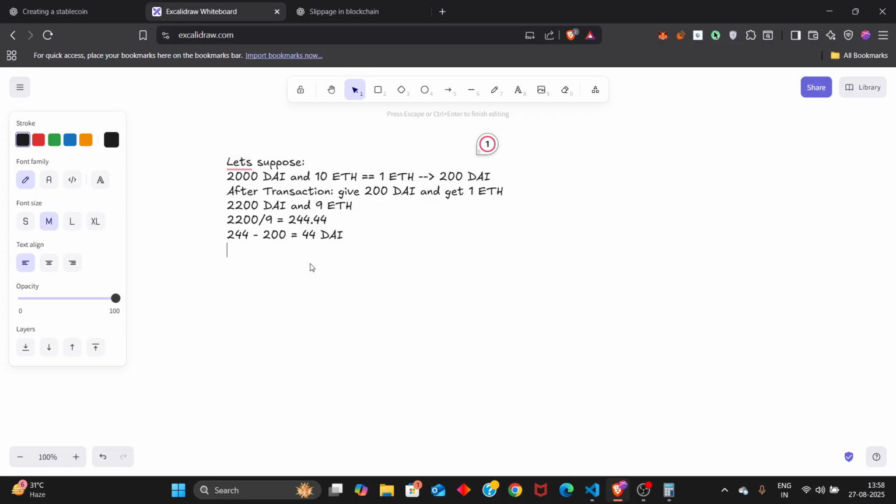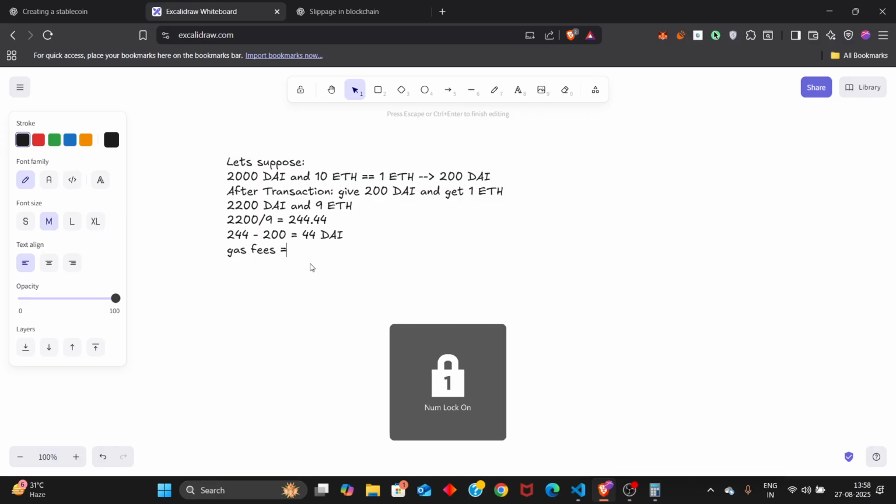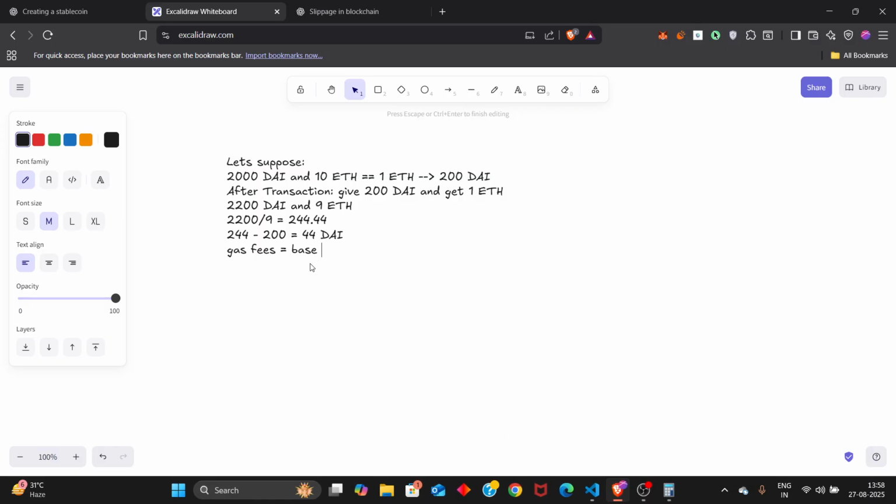AMMs or DeFi protocols work on a concept called the mempool, where all the transactions are stored and then executed based on their priority fee. Gas fees are equal to the base fee plus the priority fee.